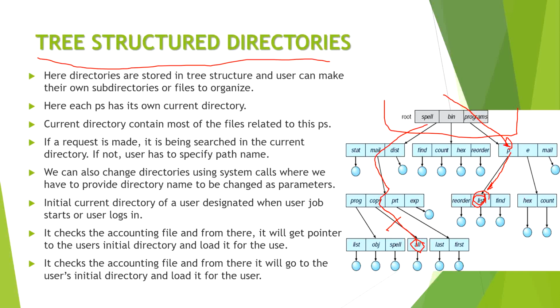So let's say this copy directory should not be directly removed. Firstly we have to remove this file from this directory, and only after that can we remove the copy directory. So firstly all the contents of a directory should be removed, and only then can we delete the directory.